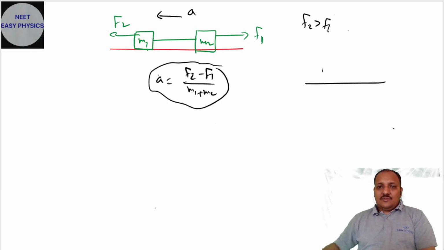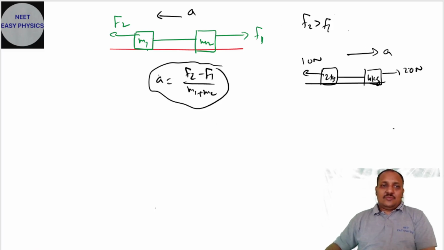If you solve one problem, you can understand. Let us assume 2 kg and 4 kg, with 20 newtons applied on one side and 10 newtons on the other. In which direction will it move? In the direction of 20 newtons, because 20 newtons is more.